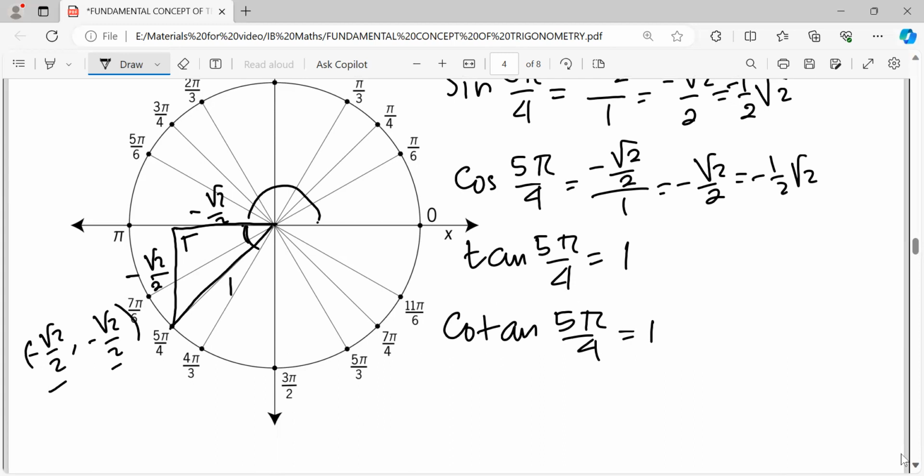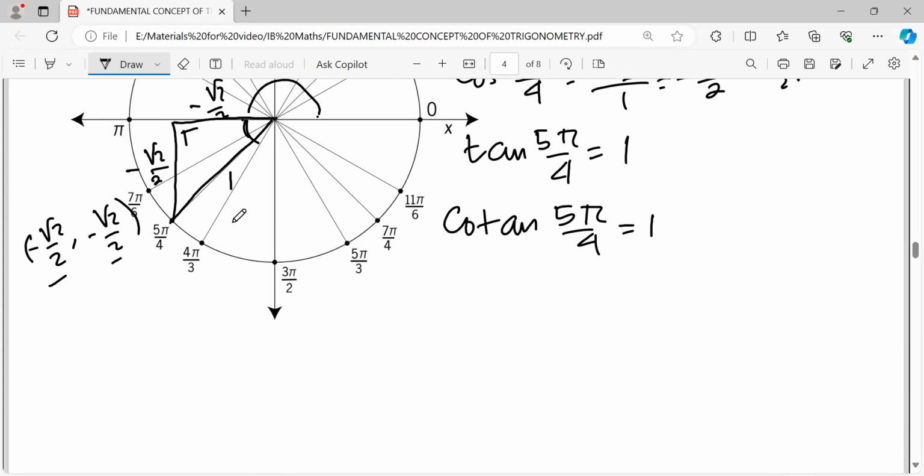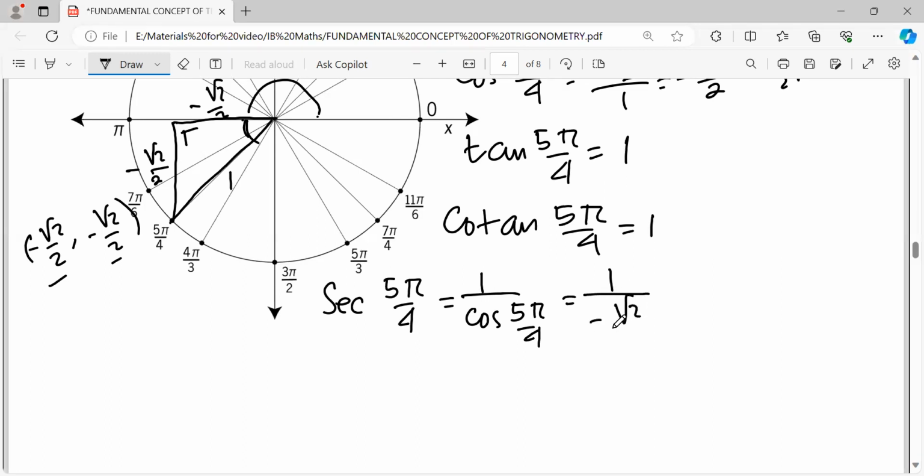Next, we are going to determine secant and cosecant. Secant 5 pi over 4 equals 1 over cosine 5 pi over 4. It becomes 1 over minus square root 2 over 2 or negative 2 over square root 2.